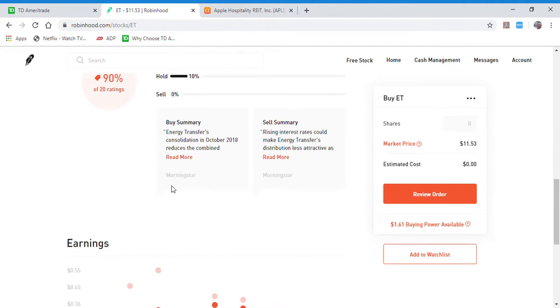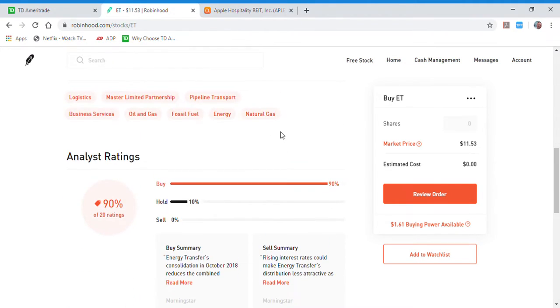They are going to come down here. The news that you can find out about these companies is just phenomenal. Here's some analyst ratings. This guy here saying buy. This guy here saying hold. Nobody is saying sell Energy Transfer. So a lot of these people that have highly educated degrees are looking at this daily and saying, hey, this is good, this is not good.